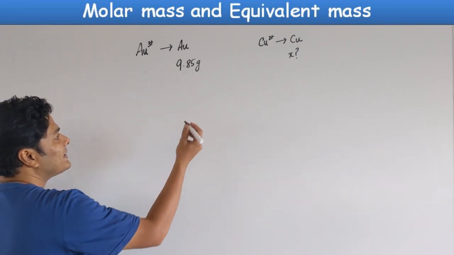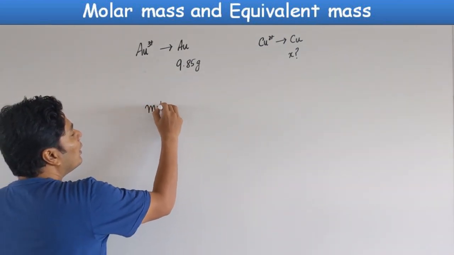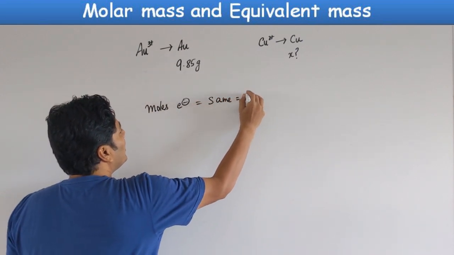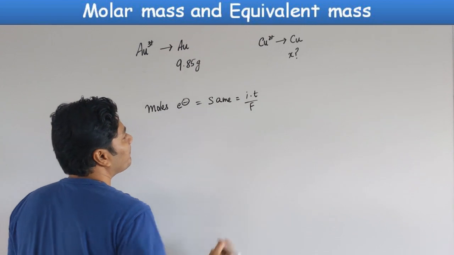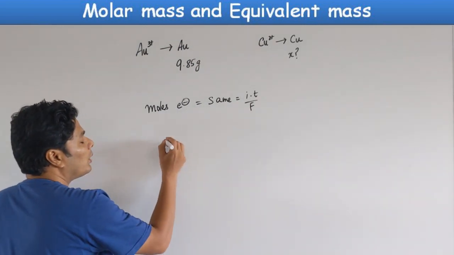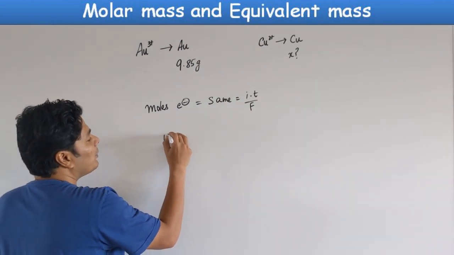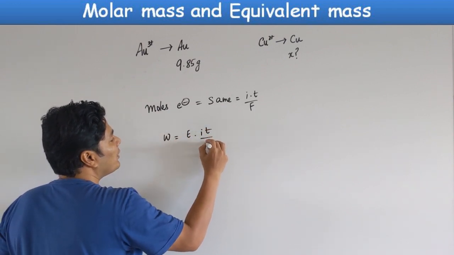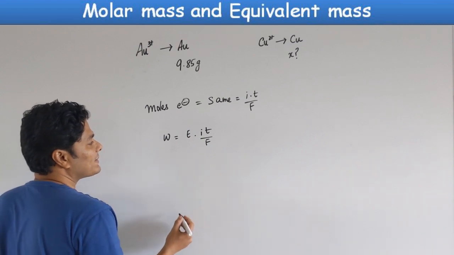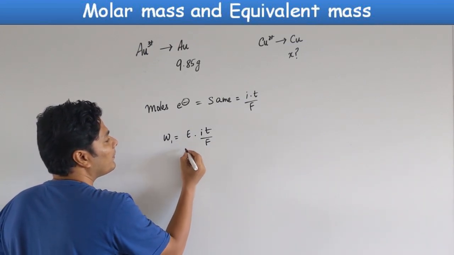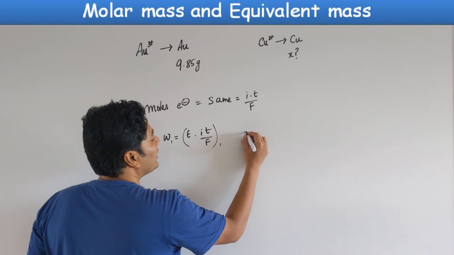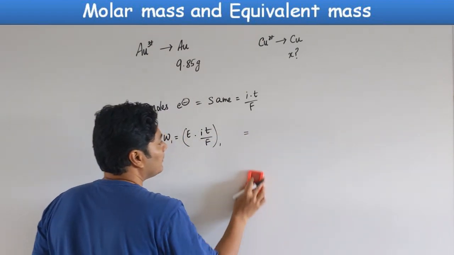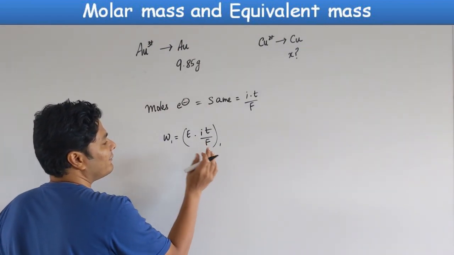Now what we know is they are in series, so moles of electron is same in both of them, meaning my IT over F is same in both of them. So what we know is the weight deposited equals equivalent weight times IT over F in both cases. So weight deposited in 1 is given this way.